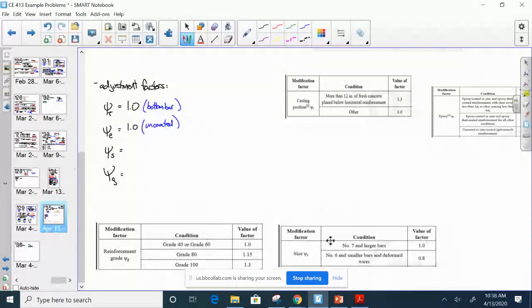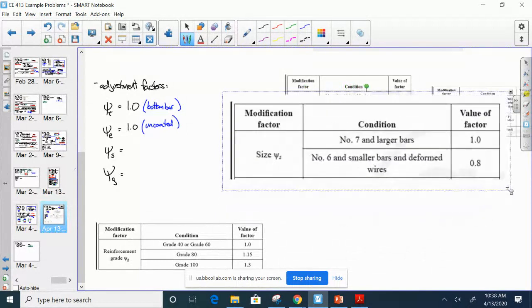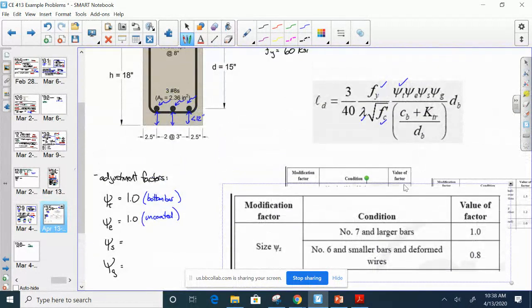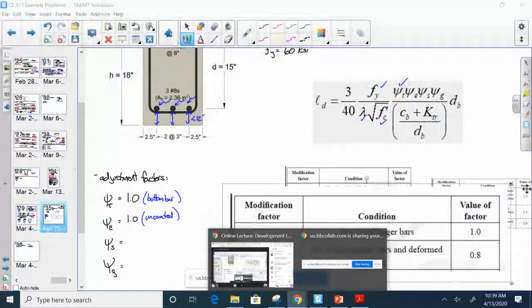Next, we look at the bar size factors. So for this, what value are we going to use for our bar size factor? Are we going to use 1 or the 0.8? Exactly.